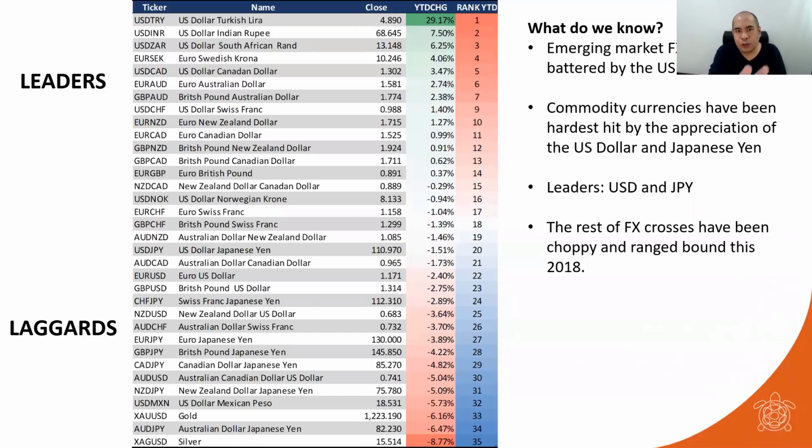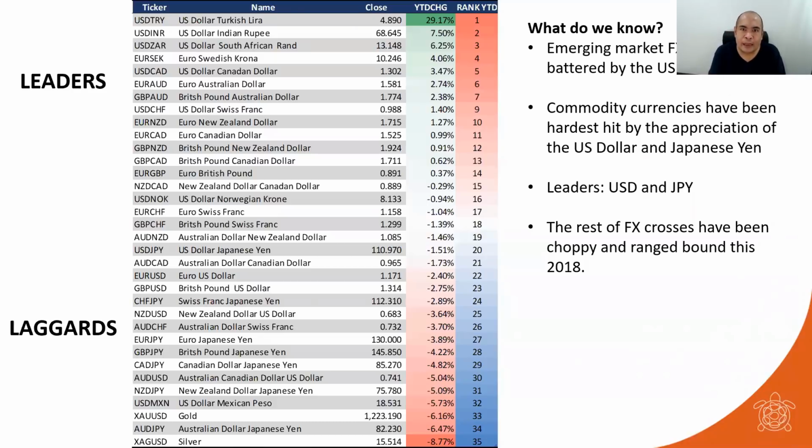Right now, if you look at this table, what you'll see is that the best performing currency year-to-date is the US dollar, Turkish lira. The Turkish lira sold off by more than 29%, so you would have been up 29%. It's an extraordinary circumstance given the situation in Turkey and how everything there is affecting the currency.